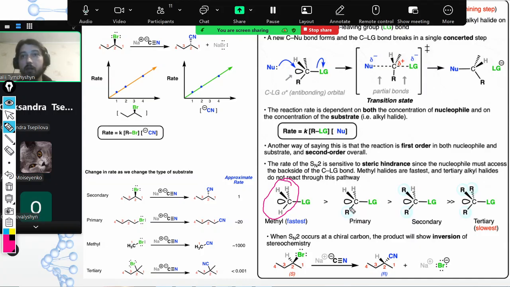If we have a primary carbon atom, so there is one substituent, it's a little bit more complicated to get there. You still can have an SN2 reaction, but it will be slower. If you have a carbon atom with two substituents, it's even slower and not so probable. And with three substituents, I suppose you will get no SN2 reaction at all.